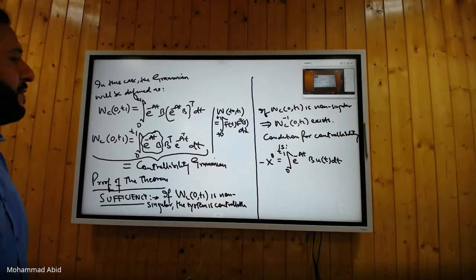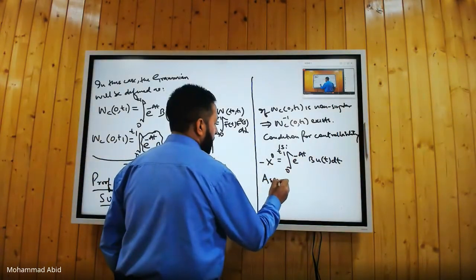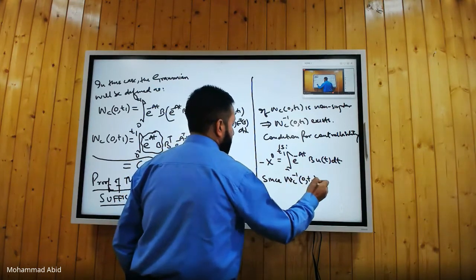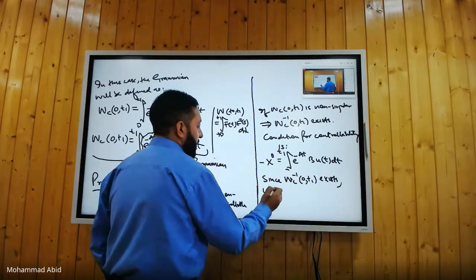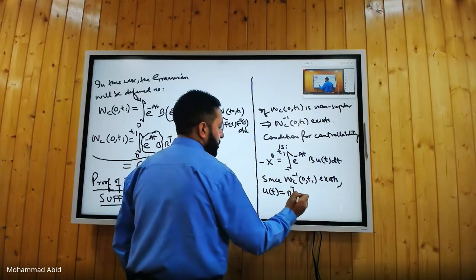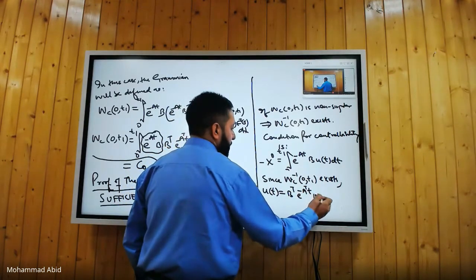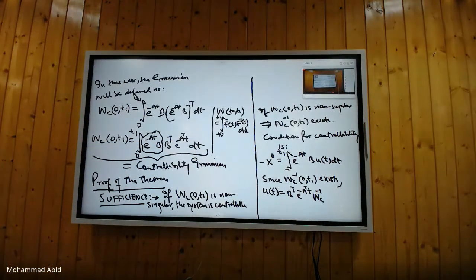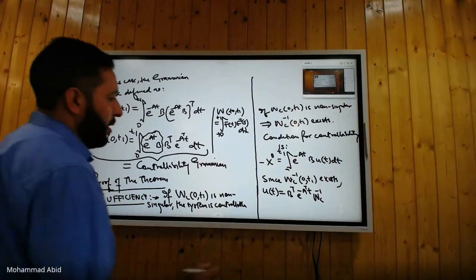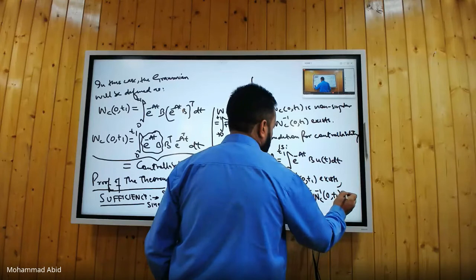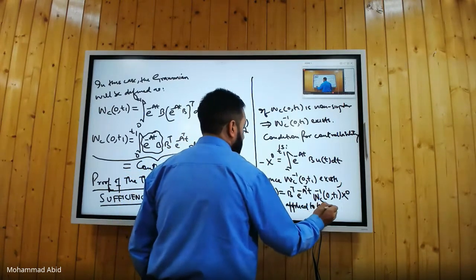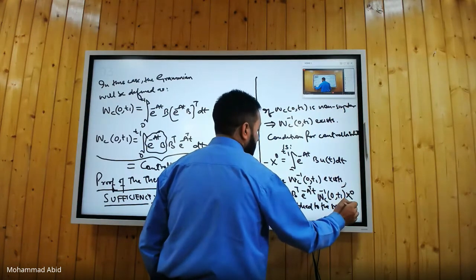Now since W_c inverse (0,t1) exists, u(t) equal to minus B transpose e to the power minus A transpose t, W_c inverse (0,T1) x naught can be applied as an input to the system.